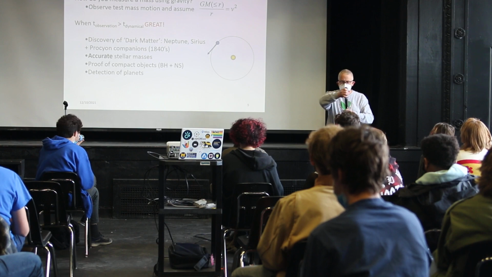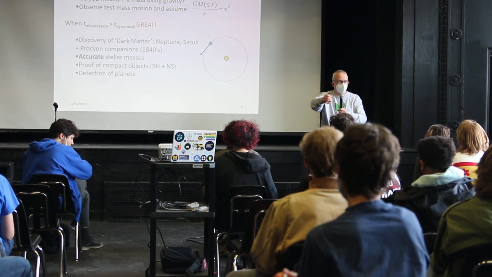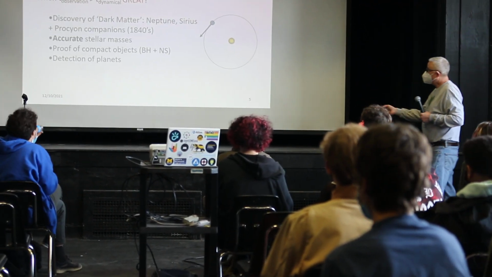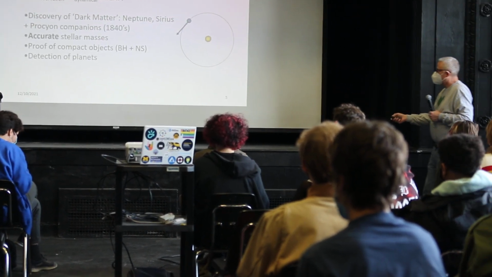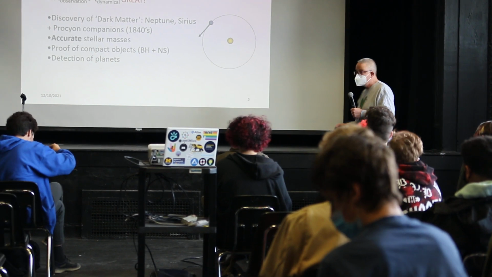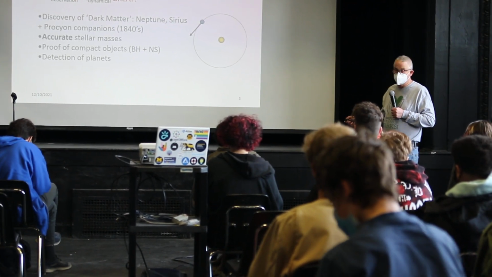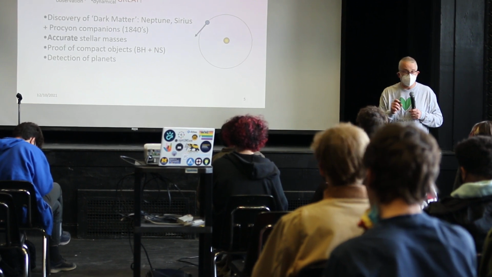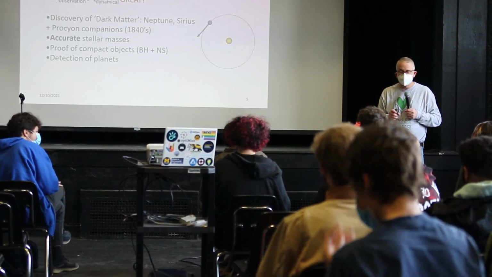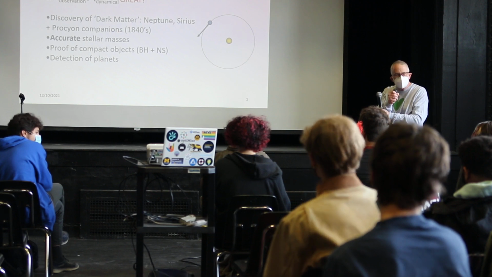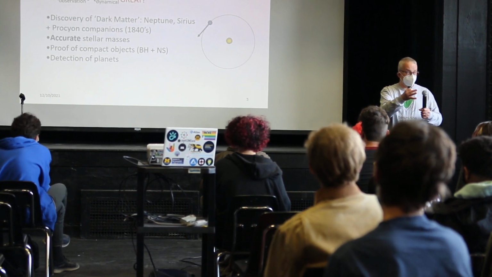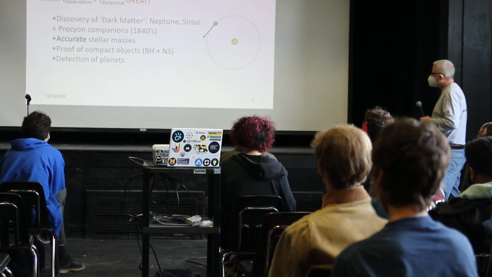It would come toward you and away from you, and toward you and away from you. It was in orbit. Okay? So we discovered those kinds of binary stars. This gave us accurate stellar masses. It let us prove that black holes and neutron stars existed. Because we don't see the light very easily from black holes and neutron stars, but we can see them tug on their companions, which are often visible stars. So lots of ways that this can happen.